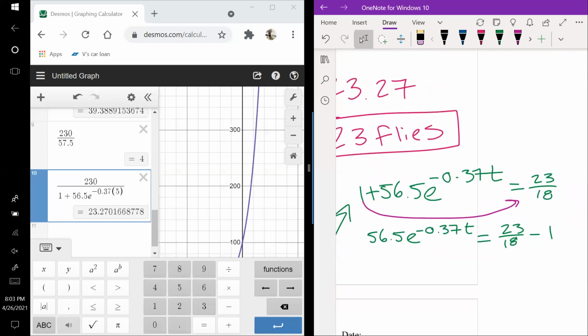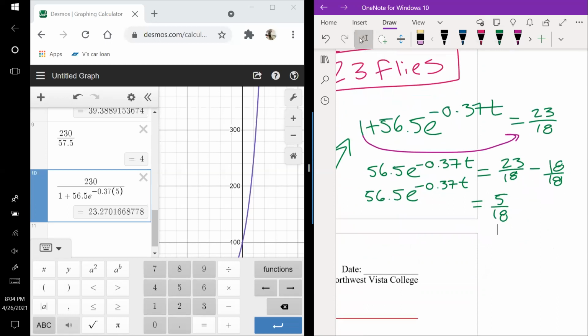Then we're going to divide by 56.5, but let's first combine these into one single fraction. 23 over 18 minus 1, which becomes 18 over 18, gives us 5 over 18.